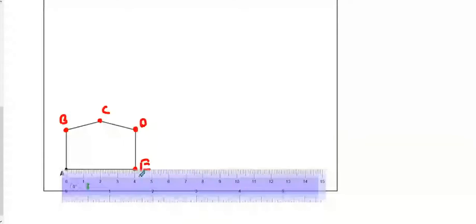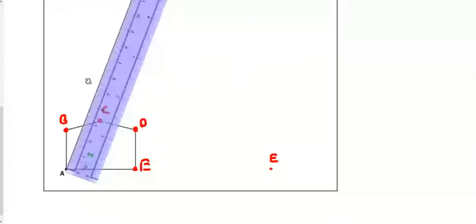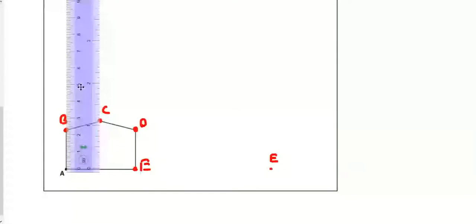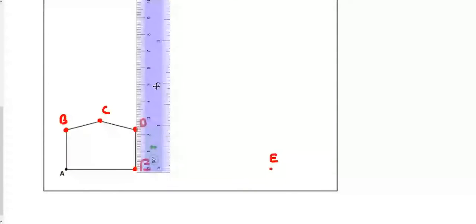And what's 3 times 4? 12. I had to put a mark at the 12 centimeter mark, and that's E. Is that right, you guys? Yeah. Now, what we can do as well is we can sort of go up from E to D. Everybody see E to D? And E to D is how far? What do you reckon? 2.4? 2.3?